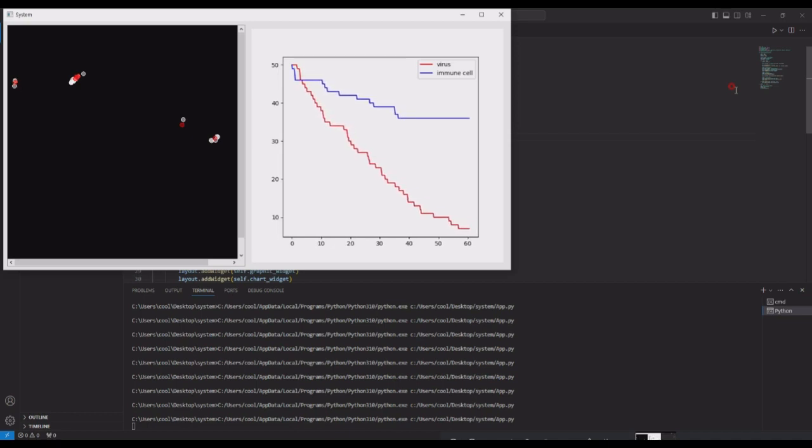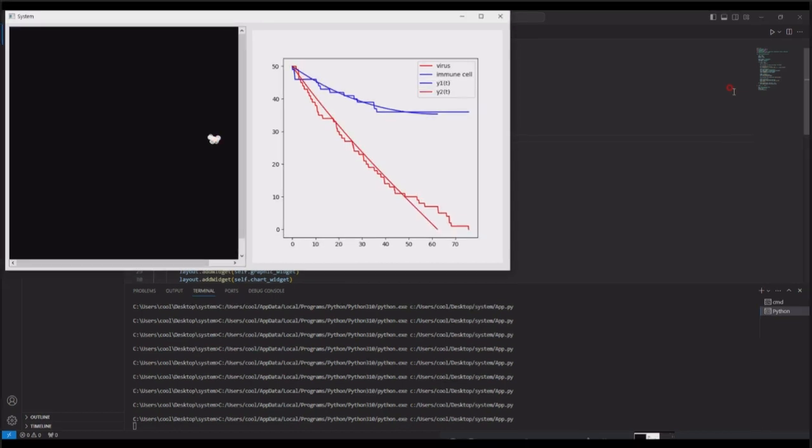When the fight is over, the result of the simulation will be compared to a theoretical function like this. You can see that it is well matched.